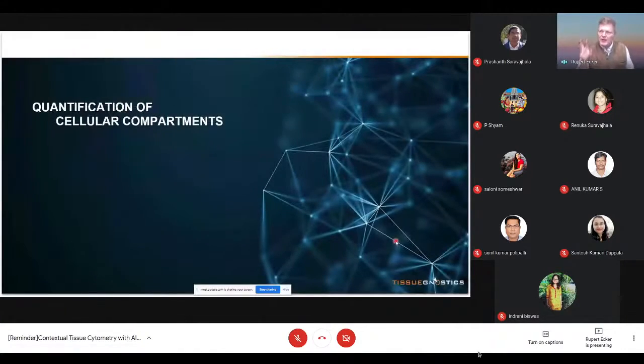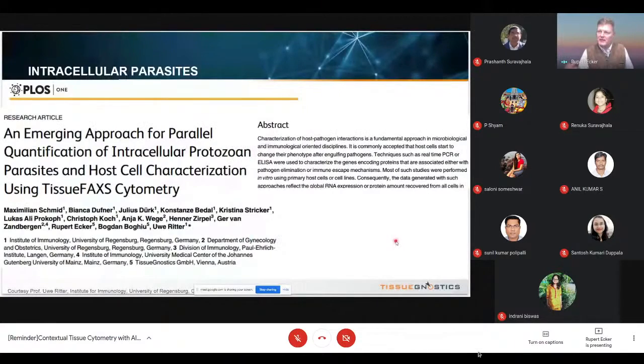Now, we have seen that we can analyze molecular markers, proteins, on single cell levels, be it in the nucleus or in the cytoplasm. We can also analyze subcellular components or structures inside the cell, like, for example, FISH, fluorescence in situ hybridization, or RNAscope.